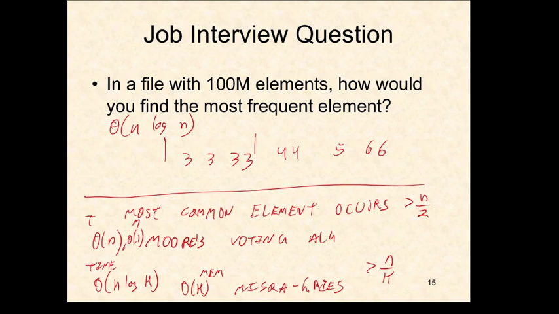So if it was a strict majority greater than half, that's where hash tables come in. That's how the Misra-Gries algorithm works. For Moore's voting algorithm, we don't need it. We just need to keep the count of the most major element so far.